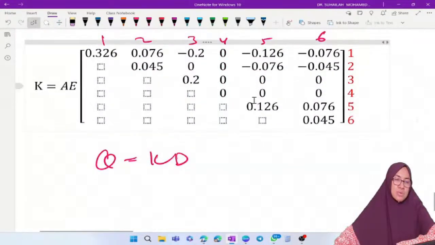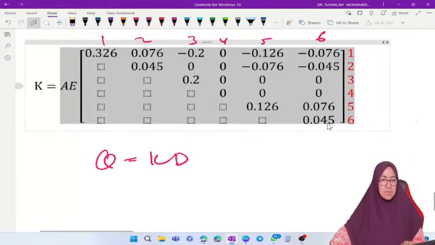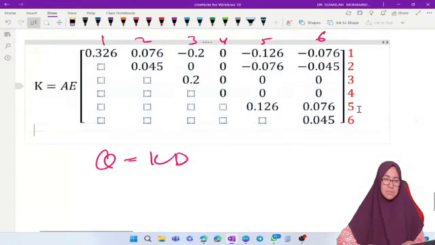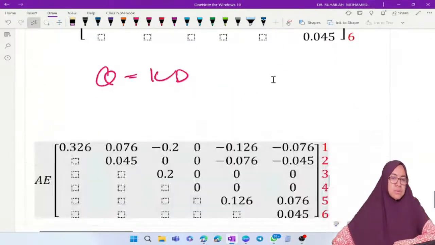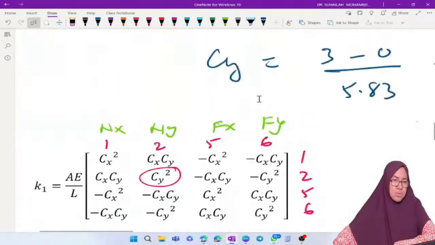Q is equal to KD. So this is K, and this is Q.